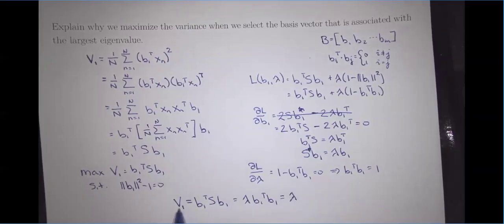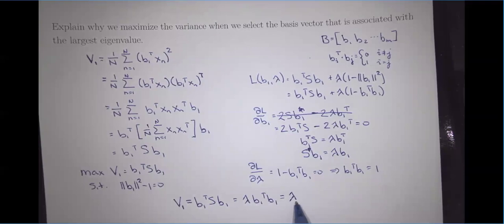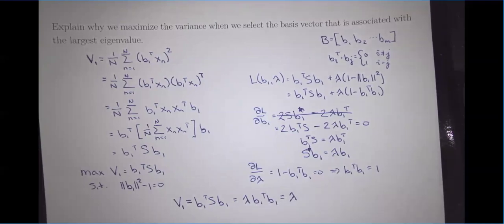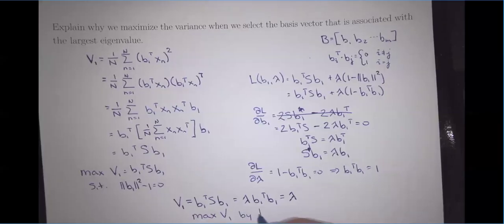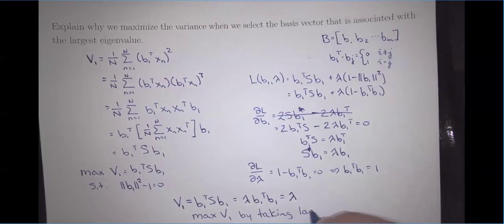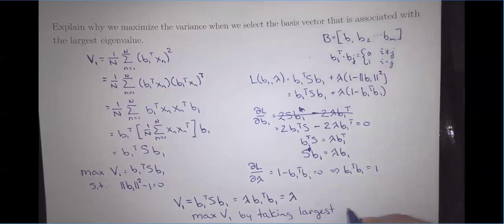So our maximum variance comes from the lambda with the largest value. So we maximize V1 by taking the largest eigenvalue.